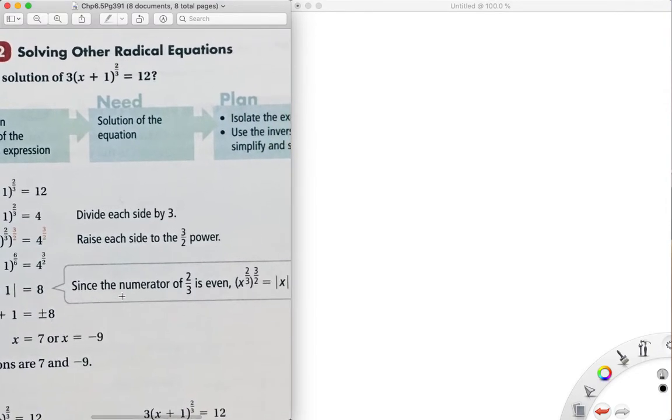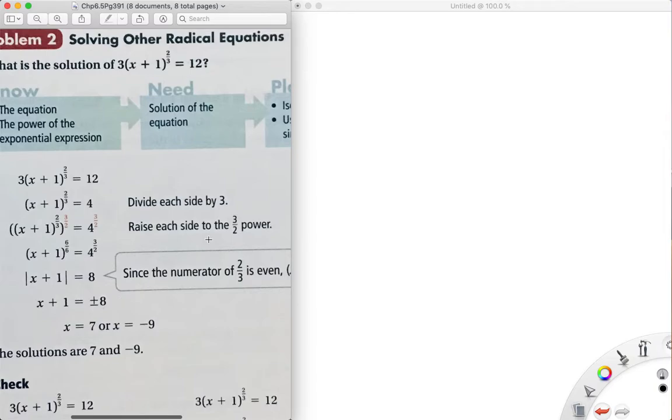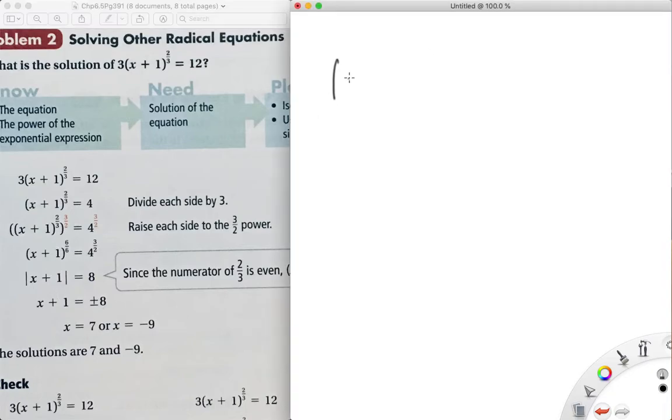Since the numerator is even, after you get rid of the rational exponent on the left hand side, you have 6 over 6. This x plus 1 in the parentheses turns into the absolute value, which means that you have 2 answers. If you recall, when you have an absolute value, we have 2 answers.